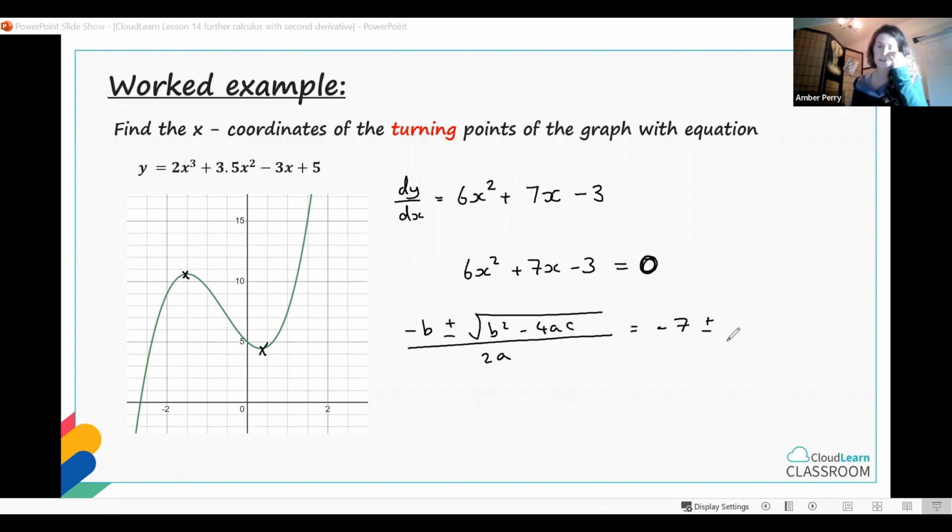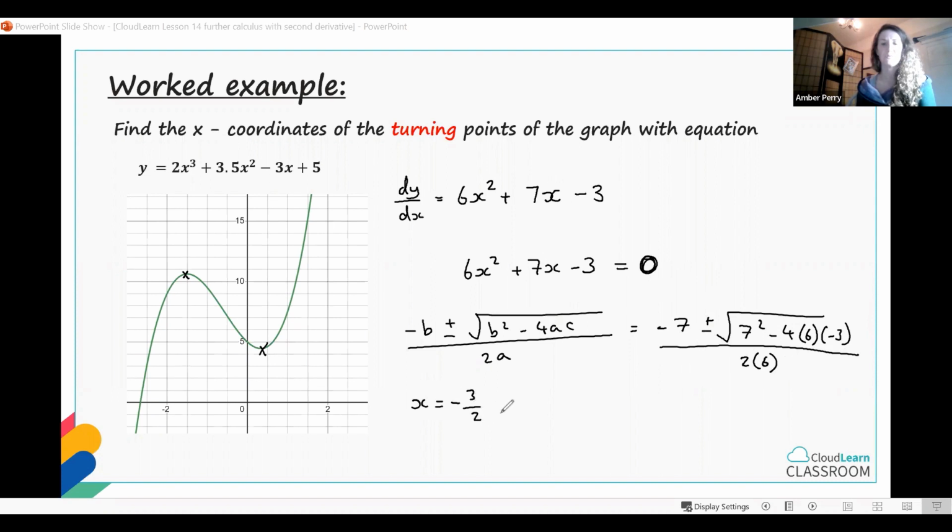Minus 7 plus or minus the square root of 7 squared minus 4 times 6 times minus 3, all divided by 2 times 6. Type that all in your calculator, and because you've got a plus and a minus, you'll get two answers: x equals minus 3 over 2, or x equals 1 over 3.